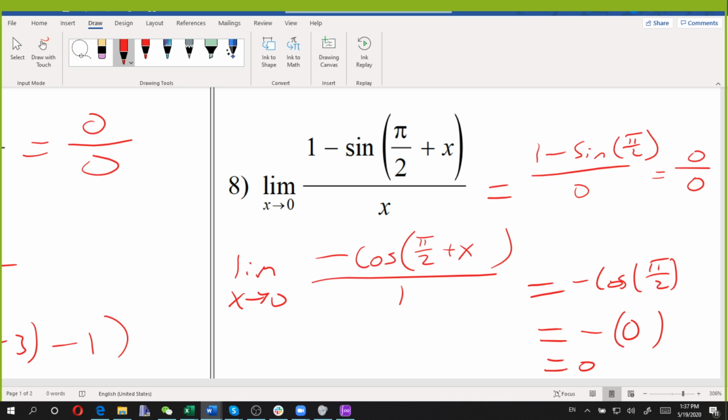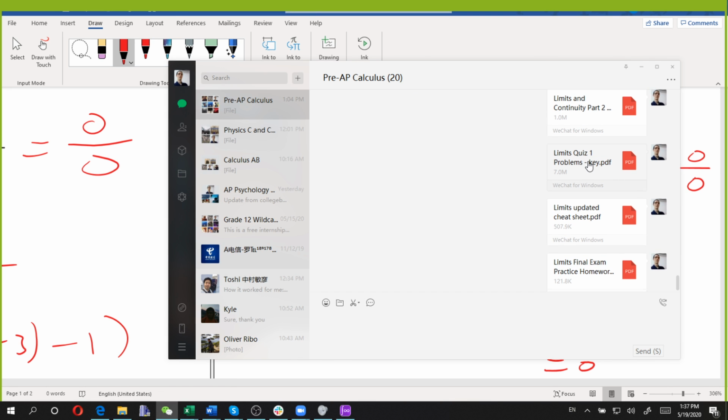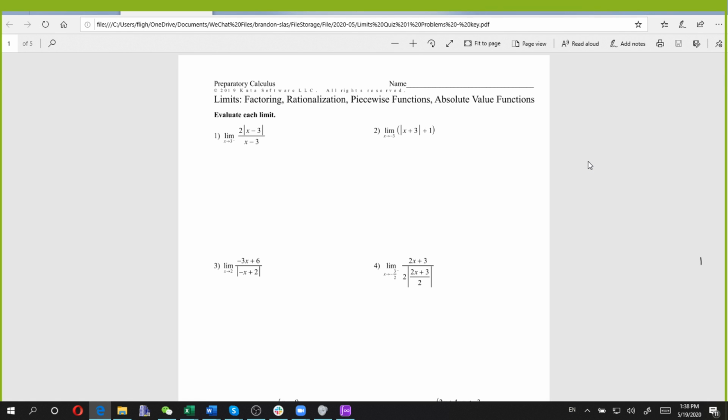Okay. That should be it for today. On WeChat, I've given you several different examples from previous quizzes. They do take a minute to load. You won't see anything when you first load this. Just wait for a couple seconds, and the work should pop up.